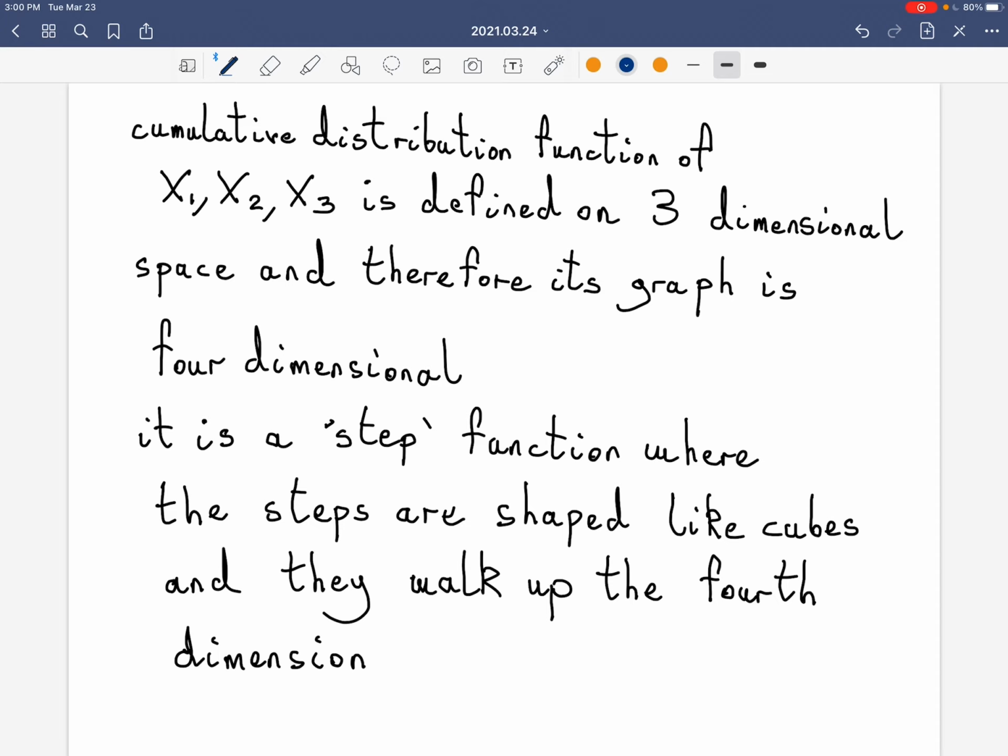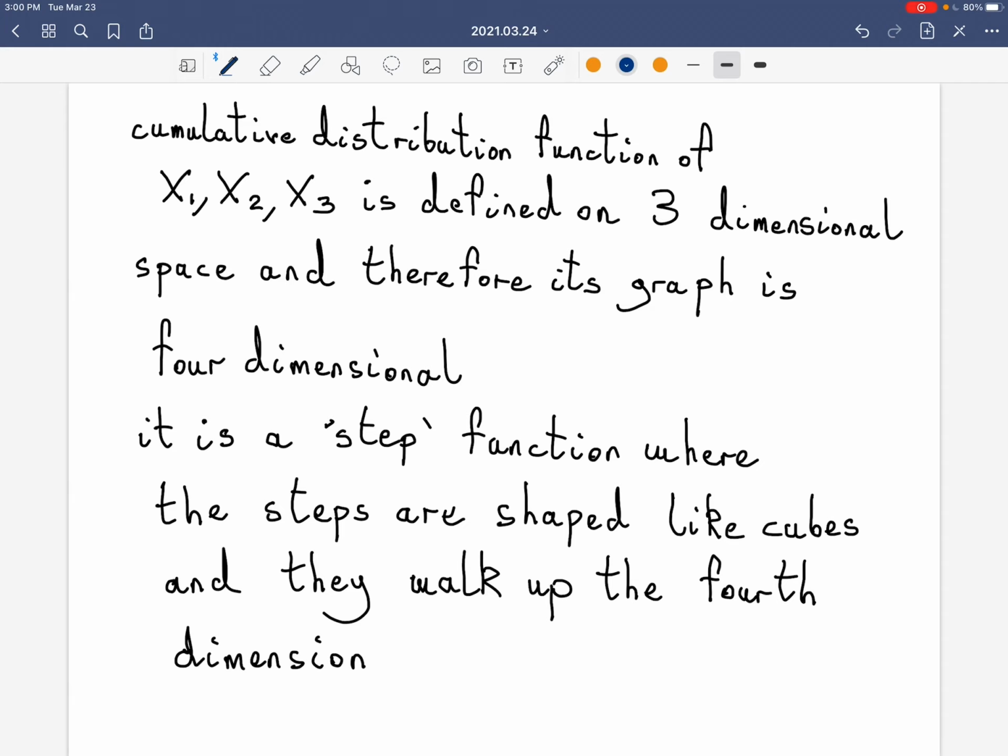Okay. And so what does the cumulative distribution function of these 3 random variables look like? Well, if you remember, our cumulative distribution function for 2 random variables looked like Super Mario Galaxy with all these little steps you can jump around on that look like you're moving through a 3-dimensional space.